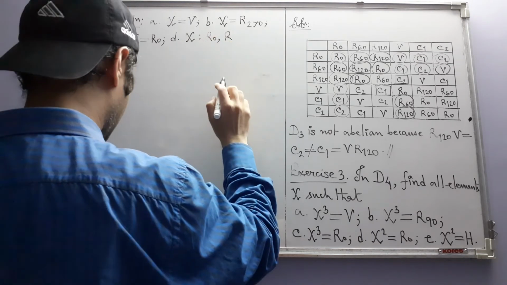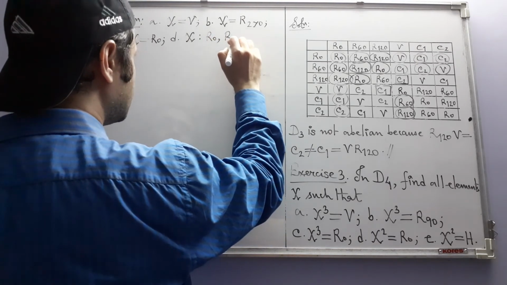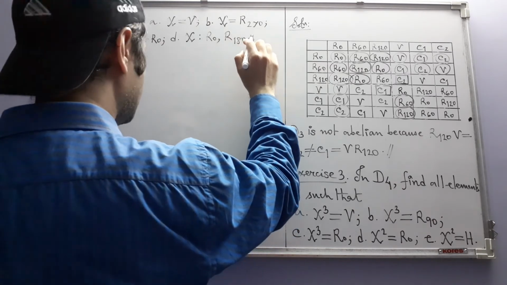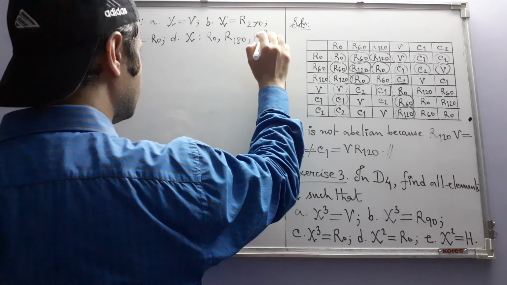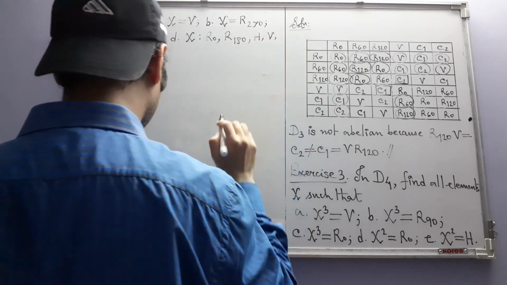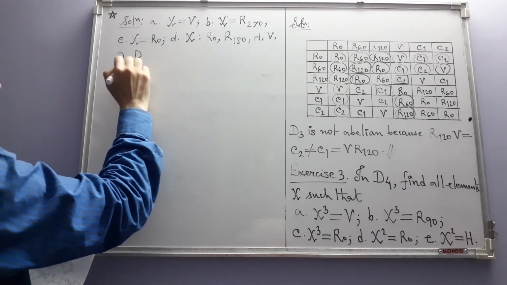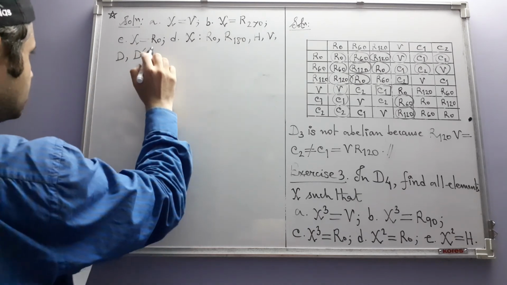These are all the possibilities: R naught, R180, H, V. The meanings of these symbols you can find in the text, in the Cayley table for D4.